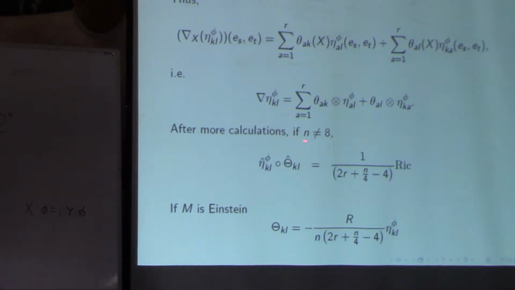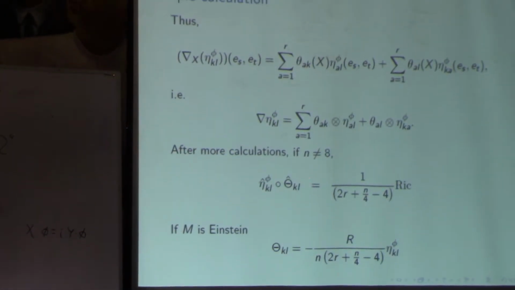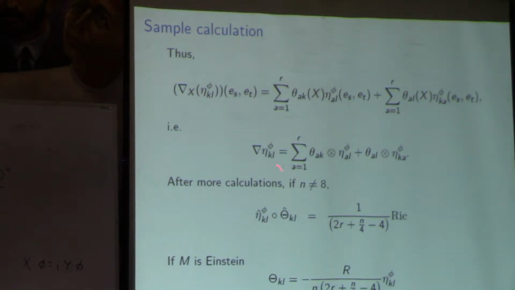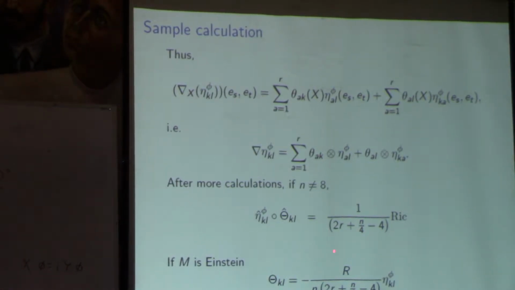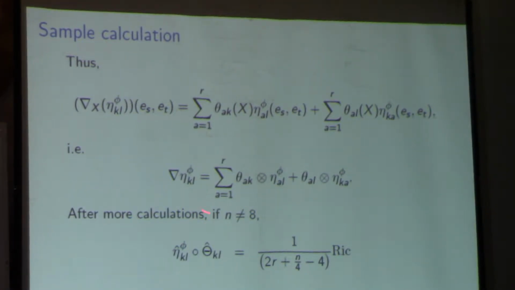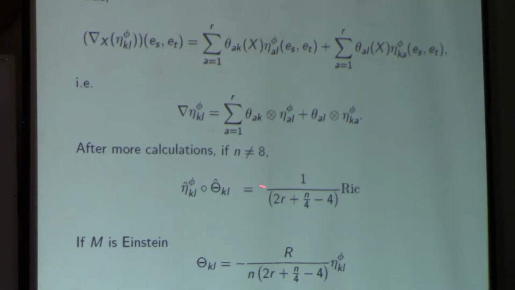Okay? Now, after many more calculations, taking more derivatives and taking things to one side, the other, using Bianchi and so on and so forth, one gets to this identity. Yeah? And here it becomes relevant that n is different from 8.